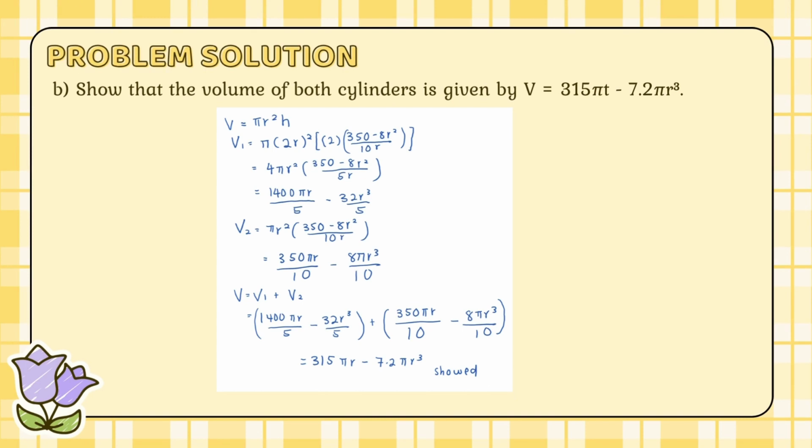So we simplify the pi, and we will get 4 pi r square multiplied with (350 minus 8r square) over 5r. And we simplify again, and we will get 1400 pi r over 5 minus 32 pi r cube over 5.